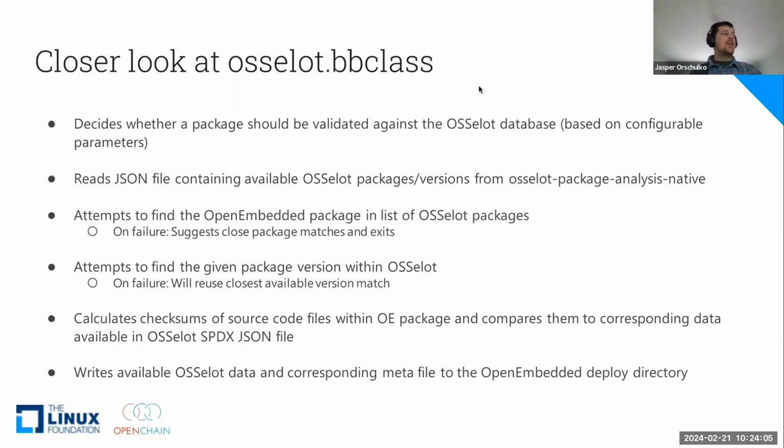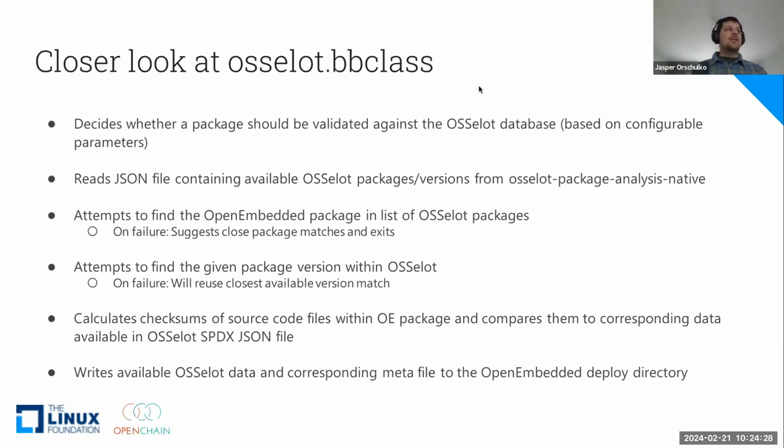And if it actually finds the package, it will then attempt to find the best matching version. If it doesn't find the perfect match, it will reuse another version, so that you only have to curate the difference or the mismatch between the versions.